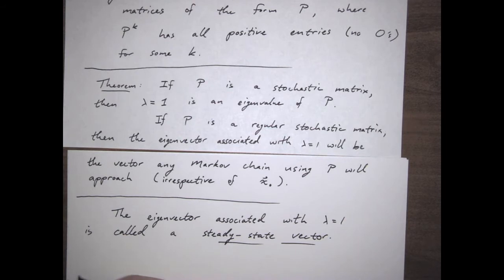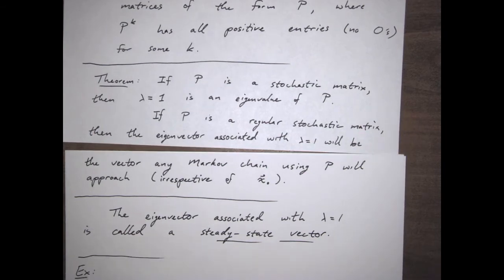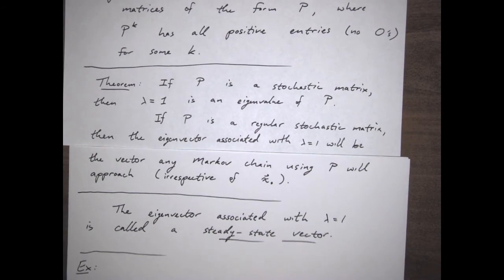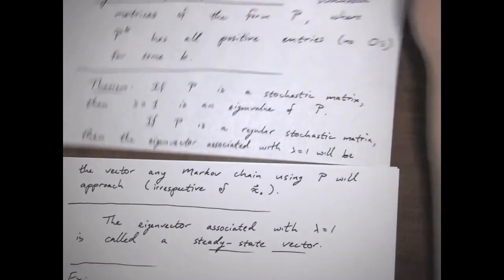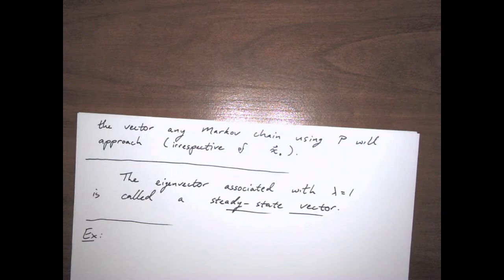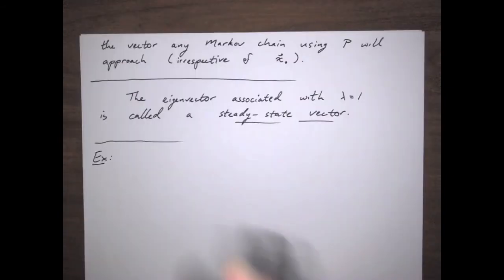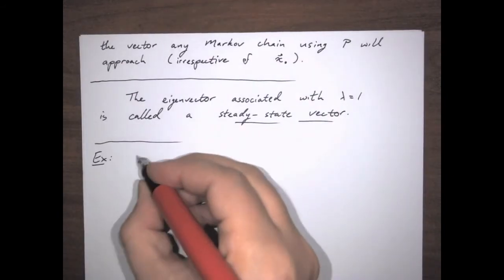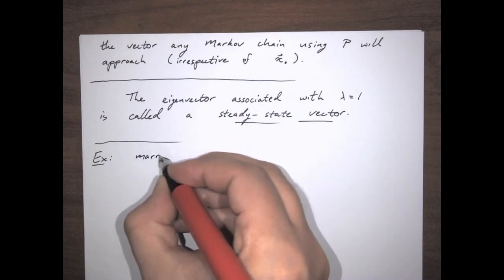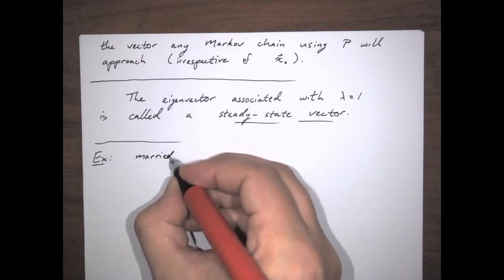Okay, so now let's go back to the problem of the married people at PCC. So let's find the steady state vector for this situation. So this is the married versus single. Oops.